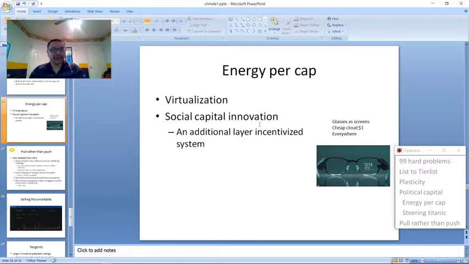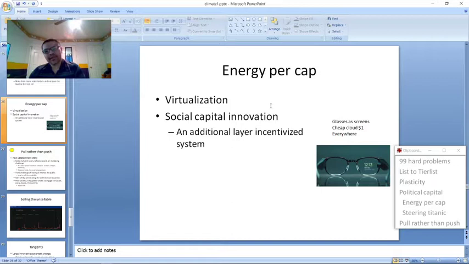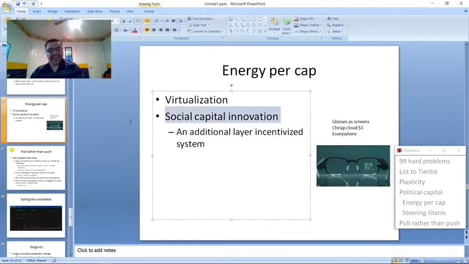And one of the ways to address a disconnect between public costs and private gain is China's social capital innovation.